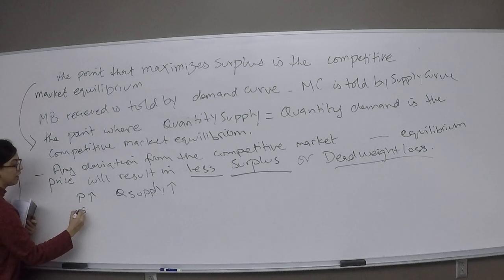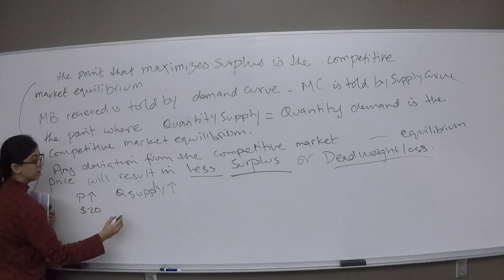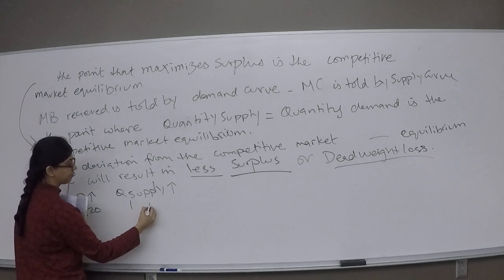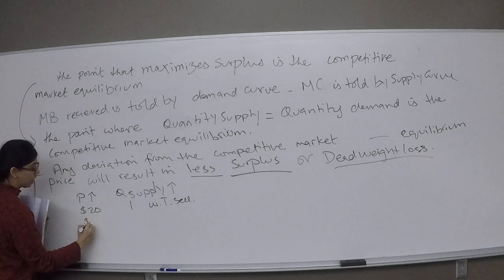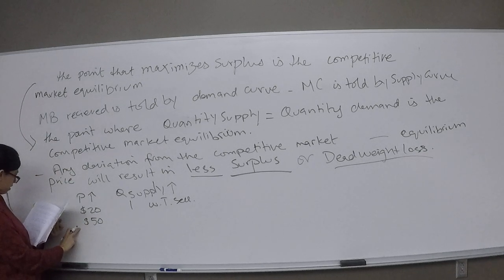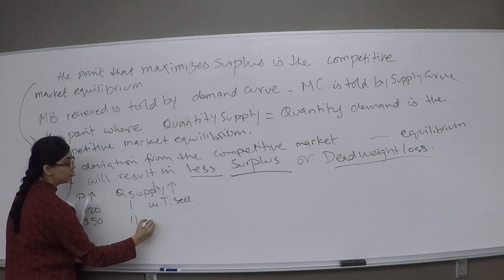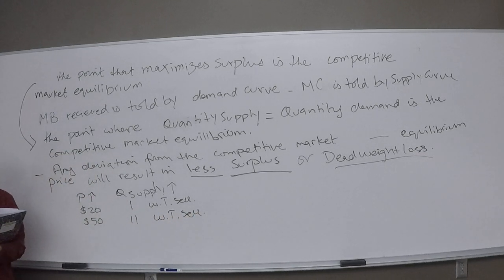So if the price was $20 for a product, there is one person willing to sell. When the price increased to $50 for the same product, now there are 2 people willing to sell. It creates competition.